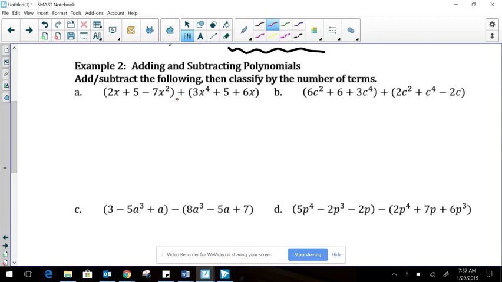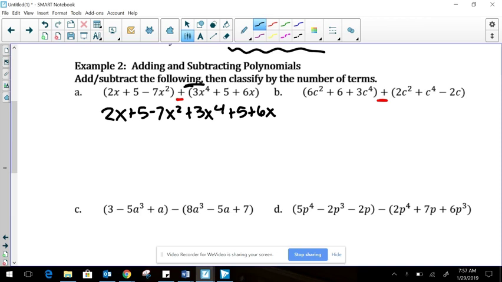So if you look here, okay, addition, addition. What I'm going to do first, though, is get rid of my parentheses. So I have 2x plus 5 minus 7x squared. And then this plus sign, it doesn't do anything. It doesn't change any of the signs of the rest of the terms. I'm just going to rewrite them.